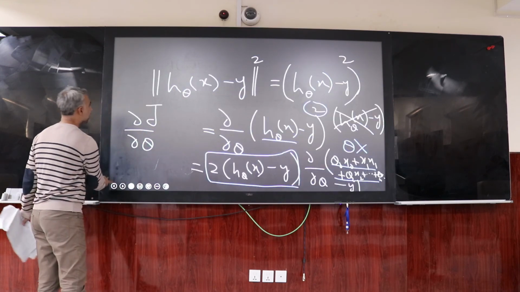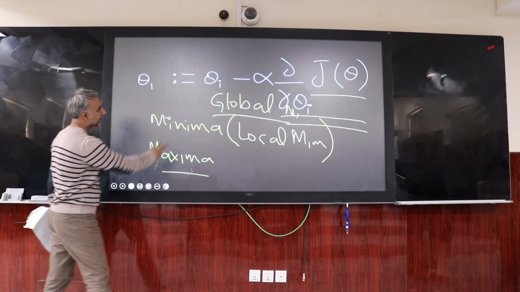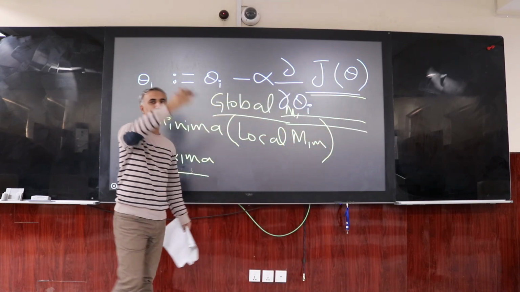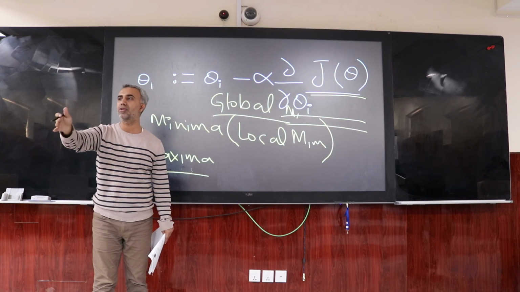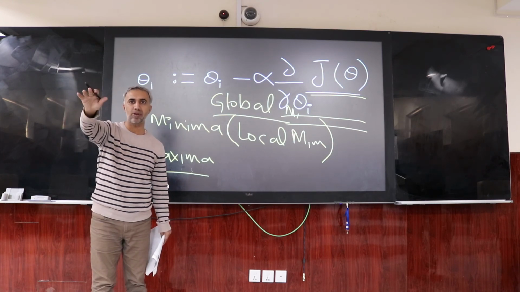Basically, this is the cost function. Cost function is the norm of hypothesis minus actual value y.